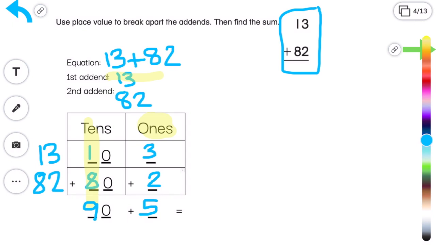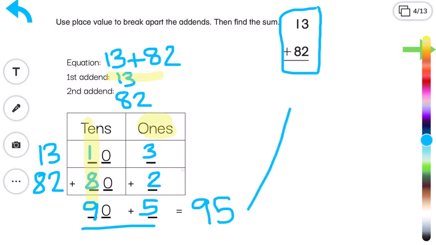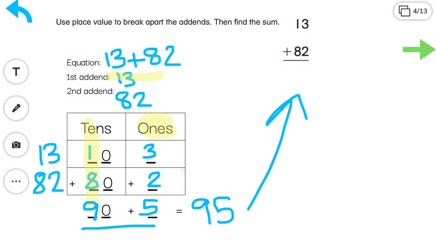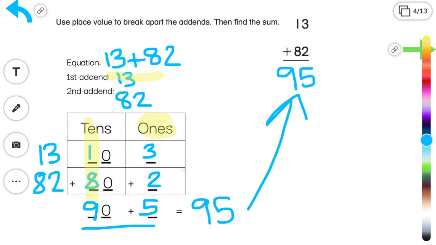But because it's in the tens place, that means it has a value of 90. So our answer, now we add these two together, 90 plus 5, that's the same as 95. Make sure to bring your answer back to the top so that you're answering the original question. 13 plus 82 is the same as 95.